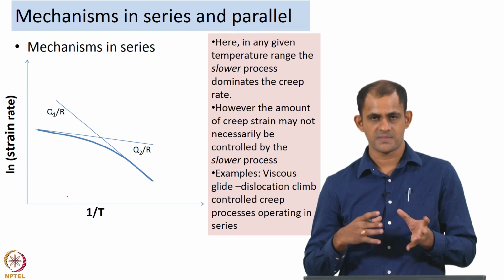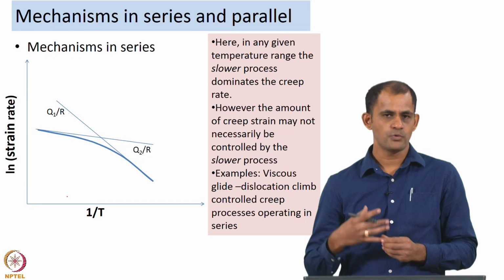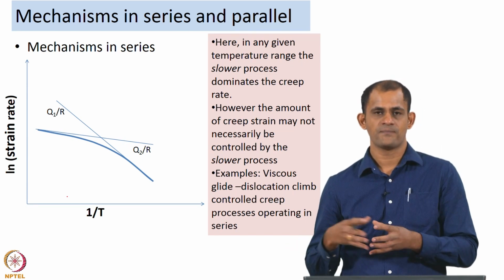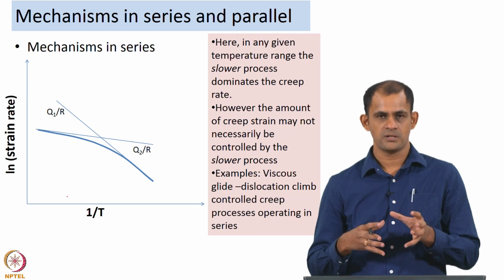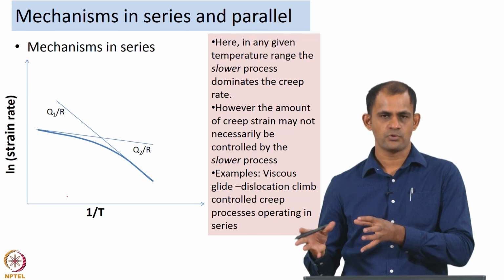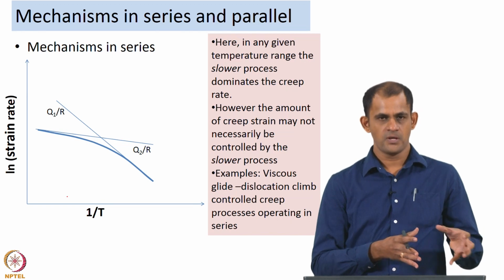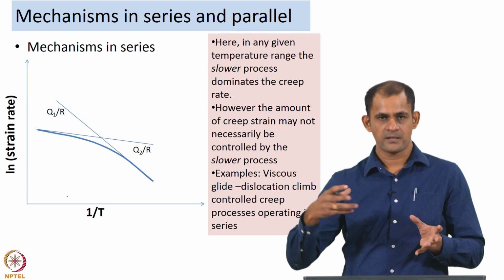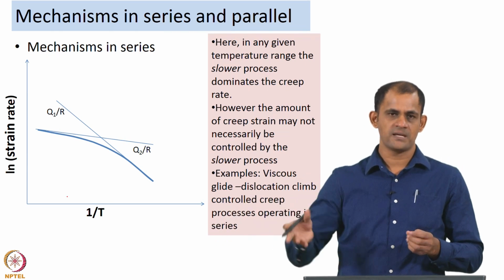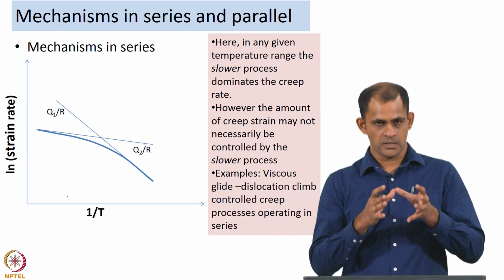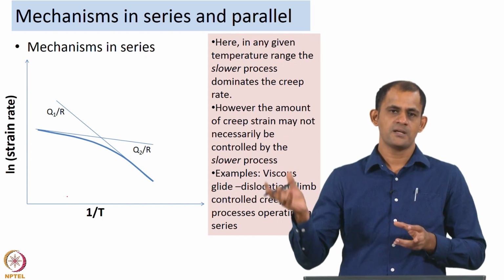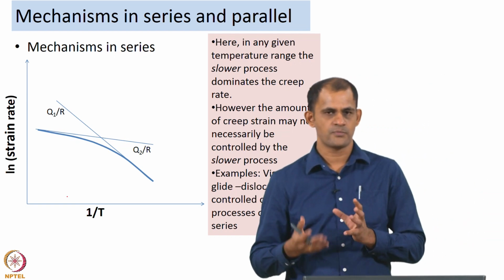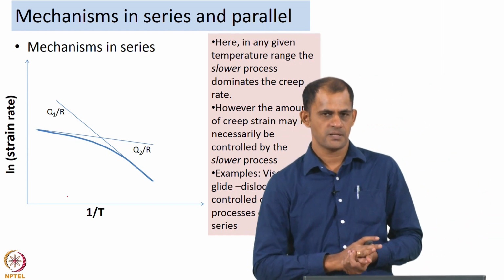If you have two mechanisms M1 and M2, and M2 is slower, it will determine the overall creep rate. However, the strain contribution need not be determined by M2, it could still come from M1. The bulk of the material deformation could be happening by M1, but the speed at which M2 is happening is limiting the contribution of M1. That is why the overall deformation process is dependent on the speed of operation of M2, and that is why M2 becomes rate controlling.